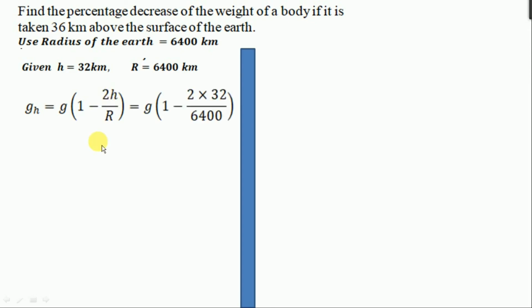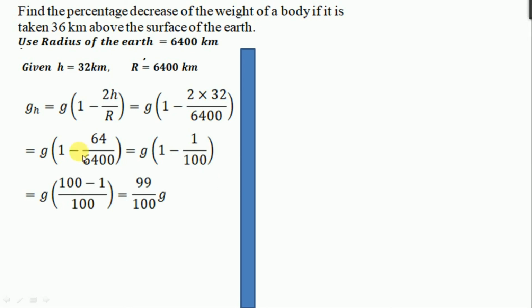Now we'll put the values. So after putting the values, 64 into 100 is 6400, so I can write g(1 minus 1 by 100). So when you further solve this, you'll get g_h is equal to 99 by 100 g.